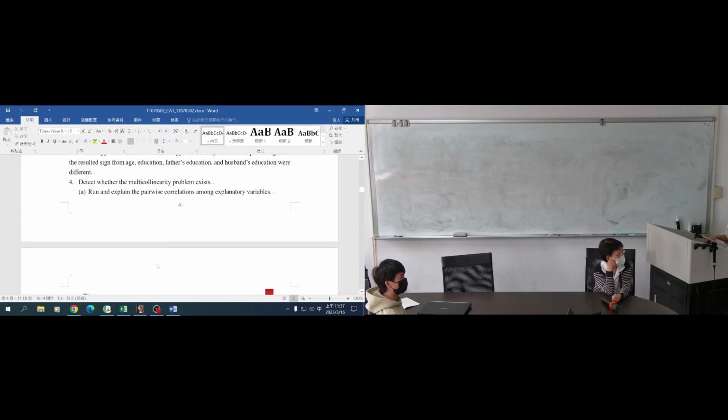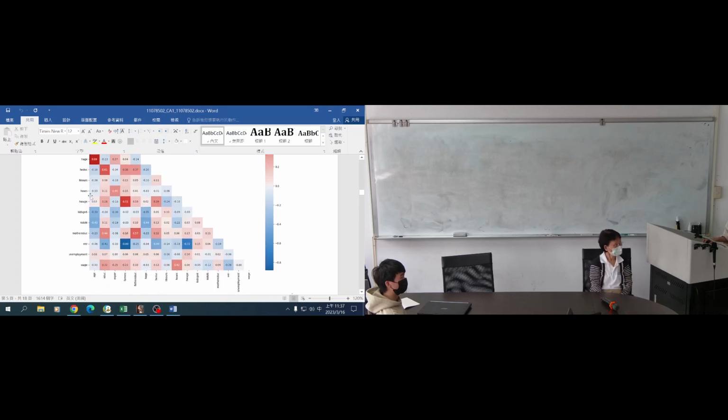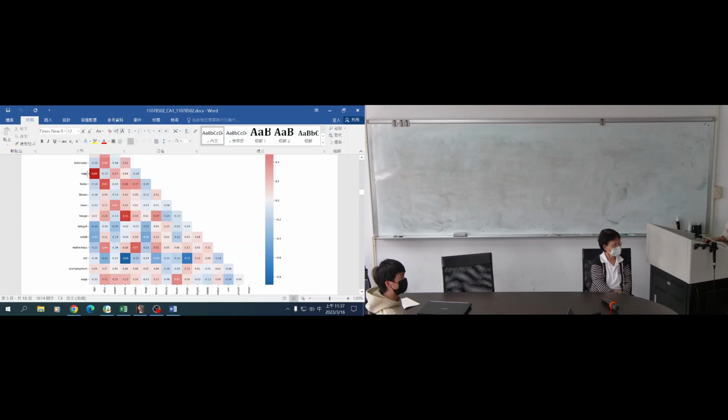And number 4, run and explain the pairwise correlations among explanatory variables. From this heat map, we can see that the brightest red is the correlation between the husband's age and the wage, which is 0.89. It has a high positive correlation coefficient.